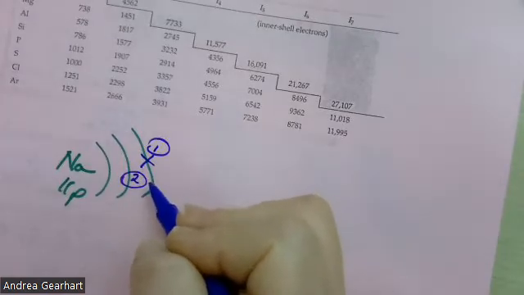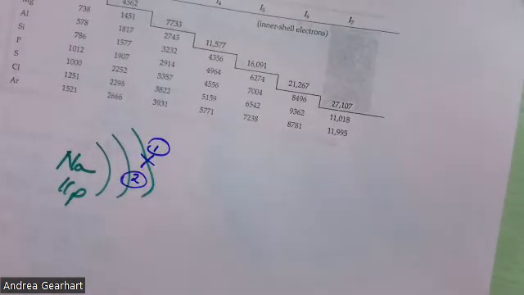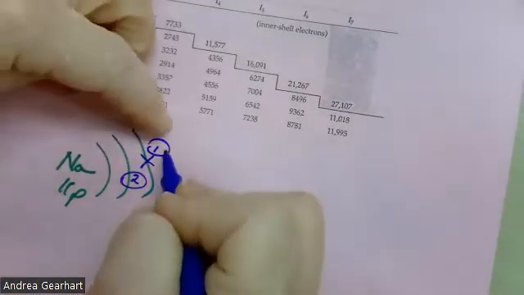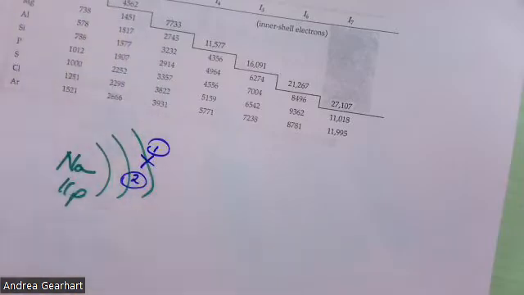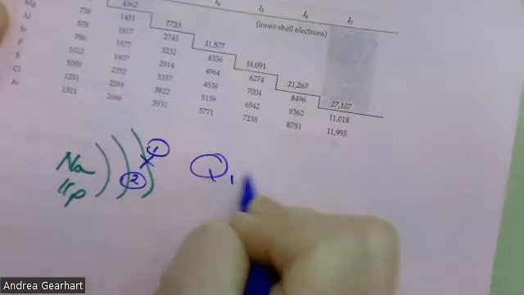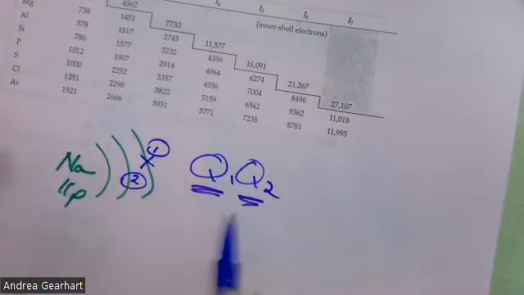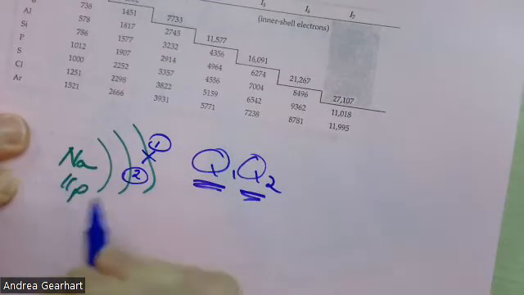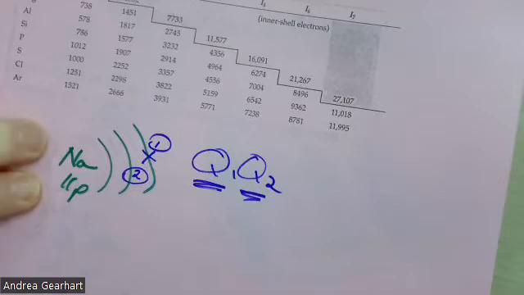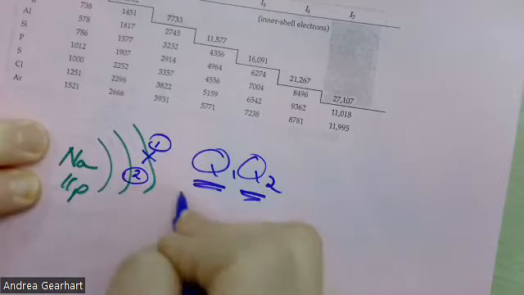So as we remove consecutive electrons, two things are happening possibly. We are removing them physically from a closer energy level, but also our nucleus is not changing.